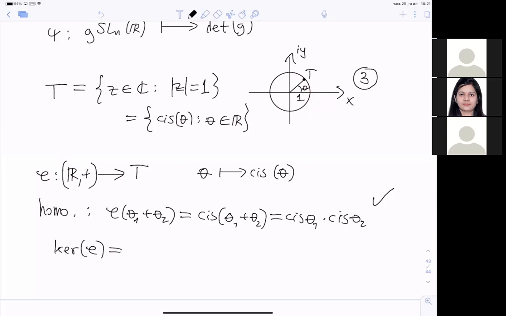This is the neutral element in T, because T is with respect to multiplication. So what will be the kernel of this phi? I mean, what will be the theta? All the 2 pi Z. Right.